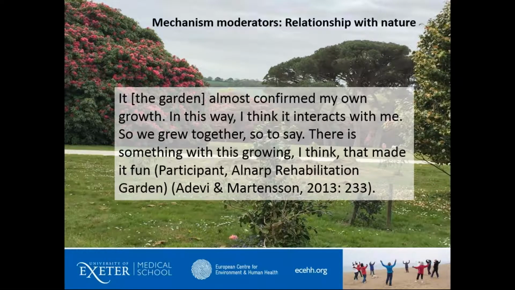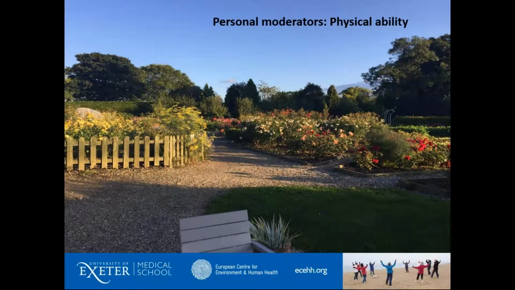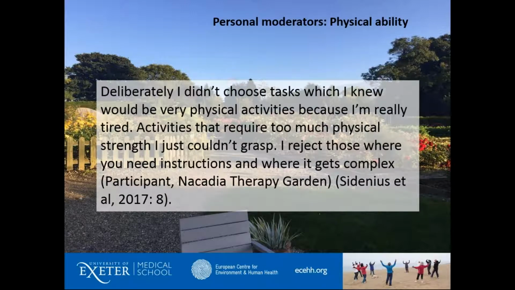Now, our conceptual model had quite a number of personal mediators. I've chosen to focus on physical ability, because people's preferences and ability influenced the physicality of the activities in which they became involved. Some people embraced the whole idea of the physicality of the garden work, the rough, repetitive garden work.